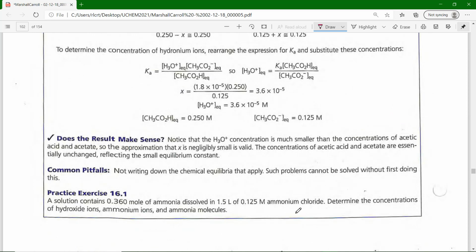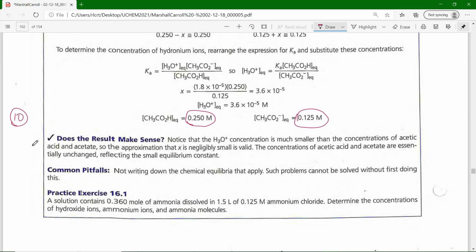So that's just showing that we're getting ready to look at a buffer case. For a buffer, here's an important point. The acid and its conjugate base should not differ by more than a factor of 10.